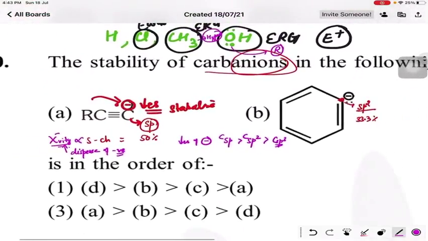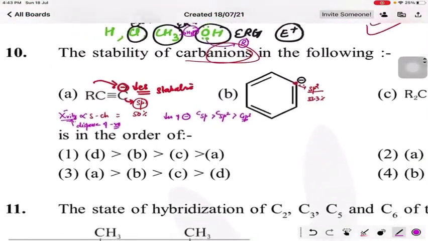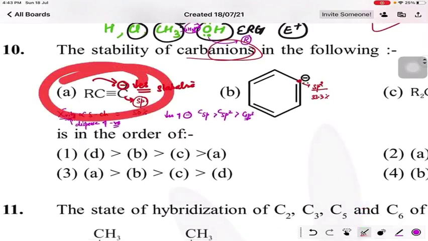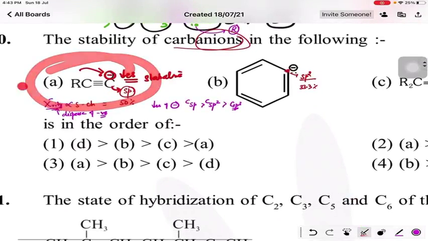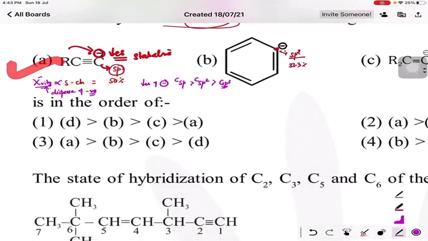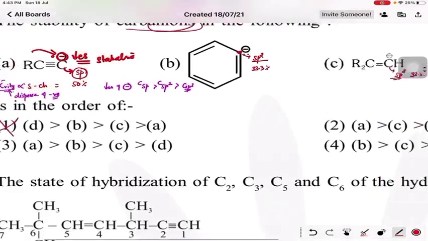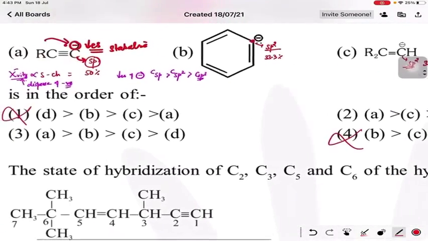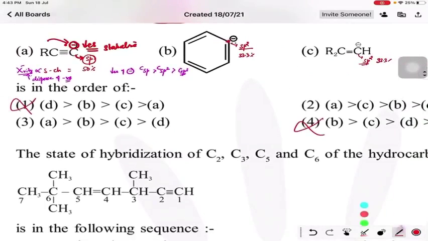So we have to arrange them in order. It means this sp hybridized carbanion is most stable, so A should be in the beginning. It means option number 1 cannot be the answer, fourth cannot be the answer. So we are left with two options only. It is A and this is the second and third option. So A is in the beginning.